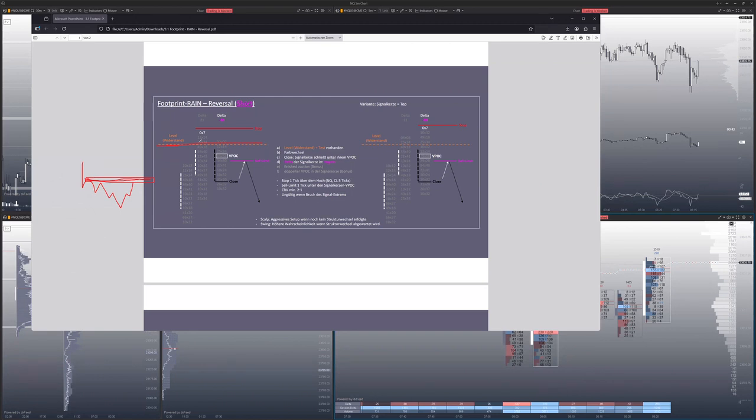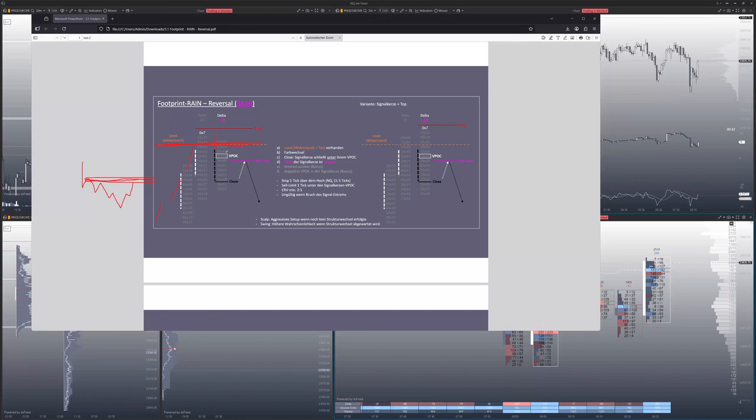This is my resistance level. If the market goes to the resistance level, I need first to see the change in the color of the bar. I need a negative bar. Maybe we have green, green, green, and the next bar is the red bar.